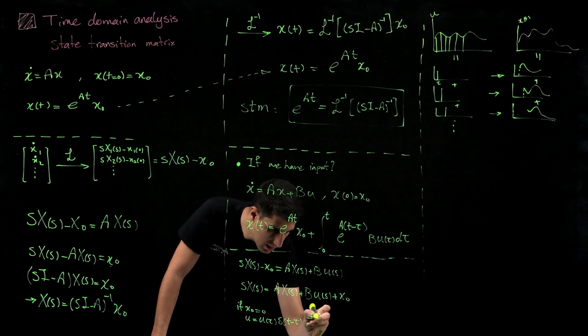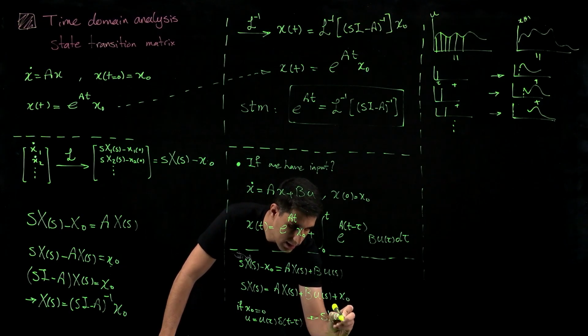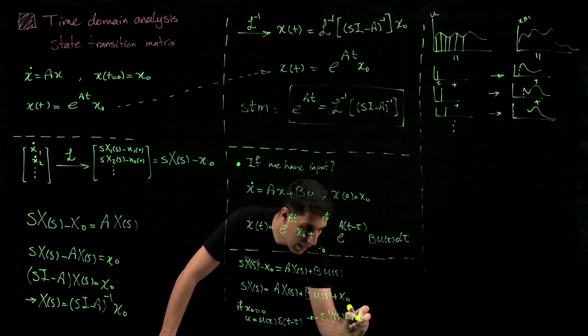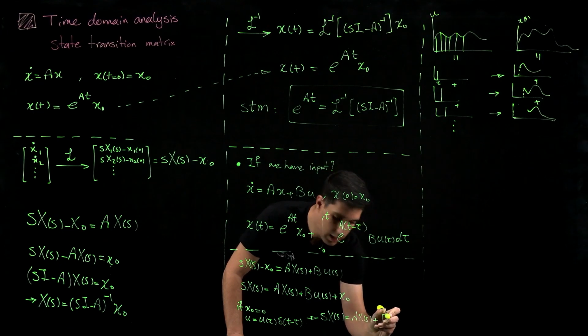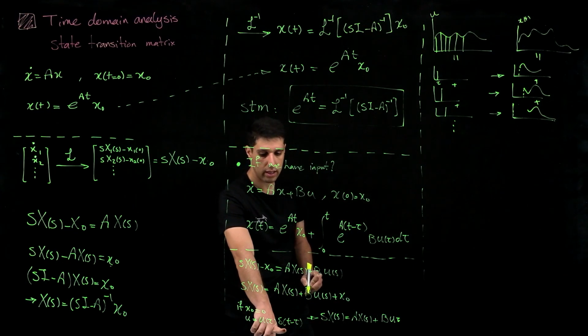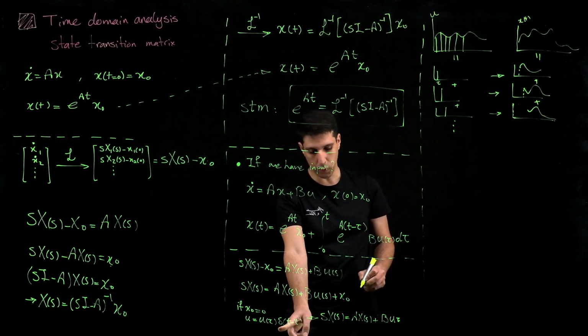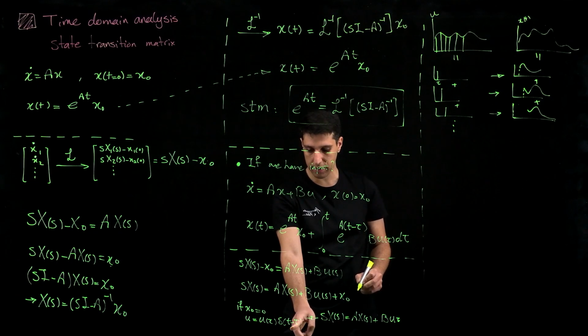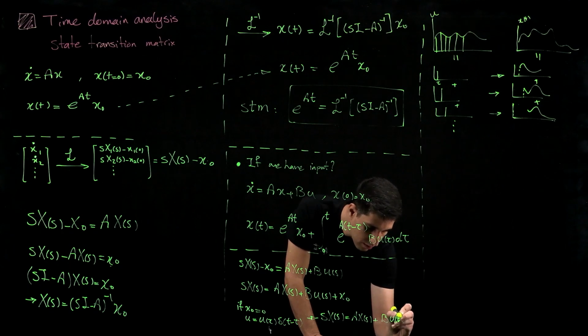So in this case, my equation s x of s equals a x of s plus b u of tau, and the Laplace of impulse is 1, but I have this time shift t minus tau, and that gives me u of tau.